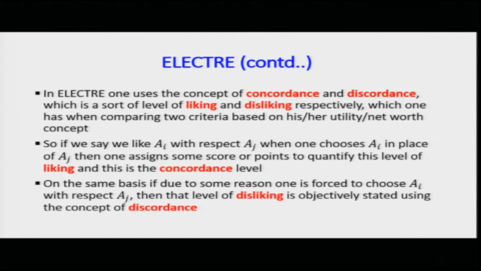Now, consider this, there may be some liking and disliking, and if the liking comes out more prominent, it will become a concordance set, and if the disliking comes out to be more important, then it will be a discordance set, and we will try to take a collective decision based on both of them.